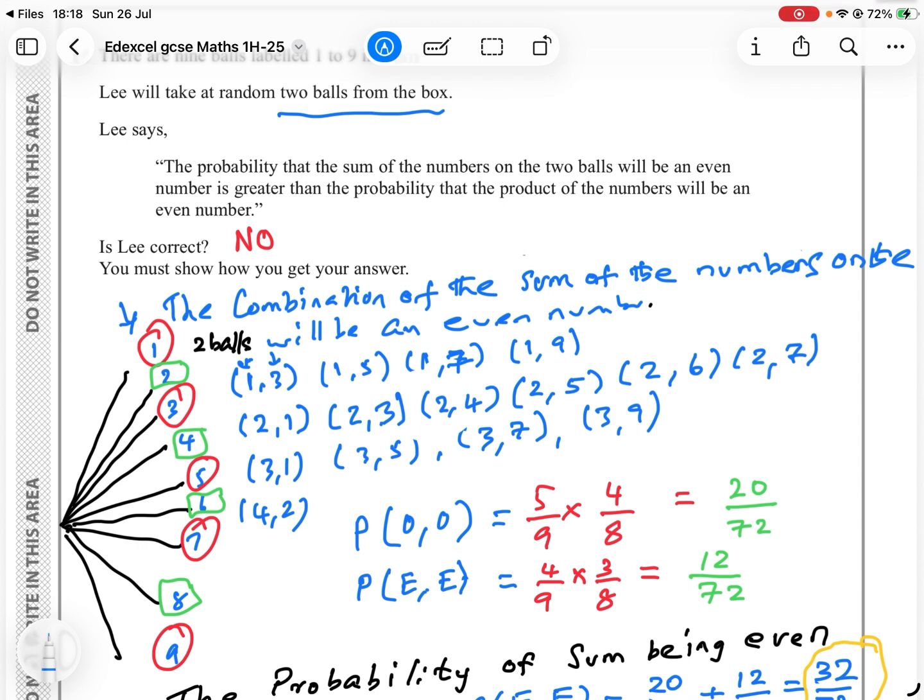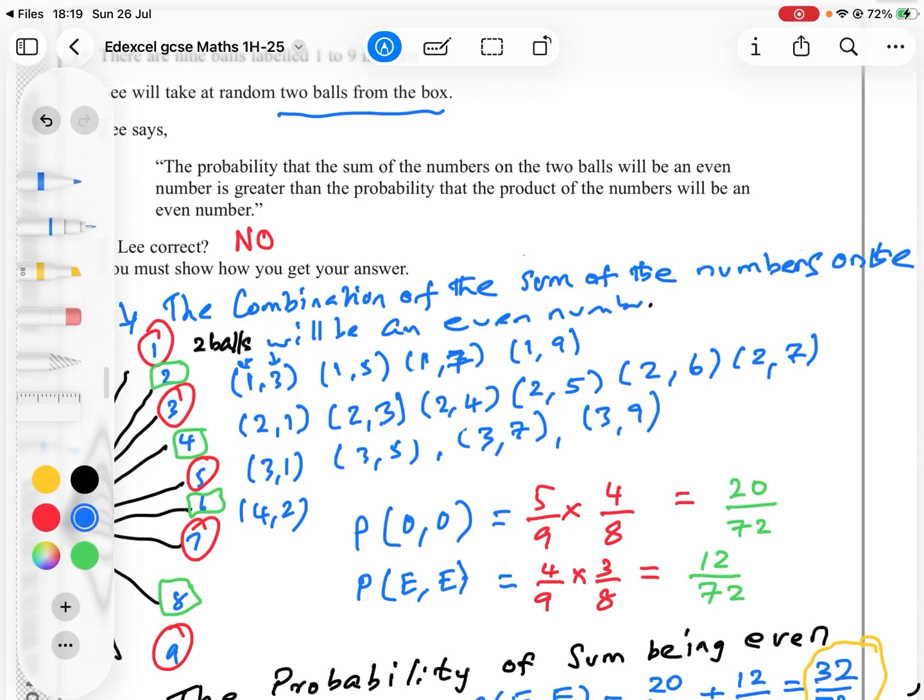I wrote examples here. This is one of the examples. So when you add them, even number.